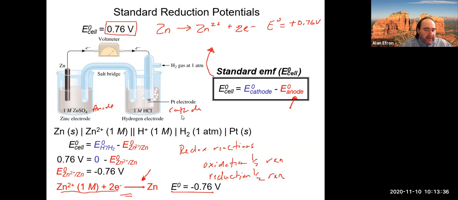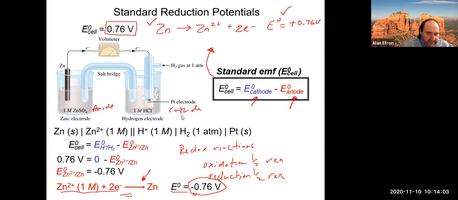And when we use this formula here, which is cathode minus anode, even though technically speaking this is the correct reaction for this galvanic cell, and this is actually the correct E value for this galvanic cell, if we choose to use this formula, we actually do want to use the value that we find in the table.